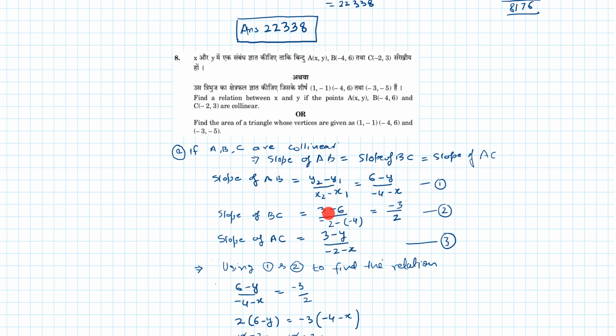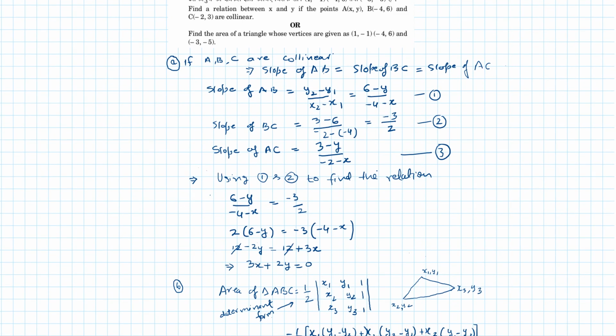Similarly slope of BC is minus 3 by 2 and slope of AC is 3 minus y divided by minus 2 minus x. हम इन तीनों इक्वेशन में से कोई भी यूज कर सकते हैं. So I have here used 1 and 2 to find the relation. Now 6 minus y upon minus 4 minus x is equal to minus 3 upon 2 and we get the relation that is 3x plus 2y is equal to 0.